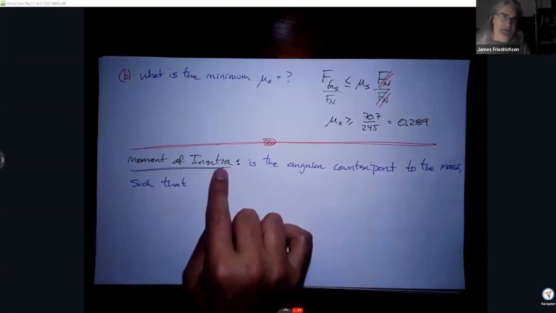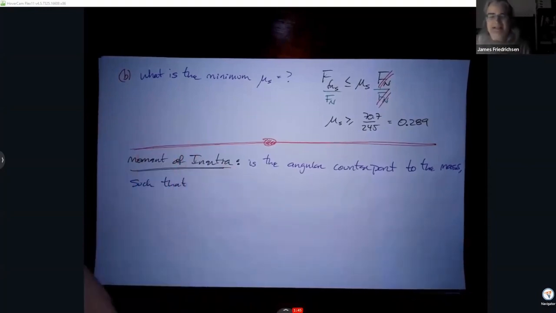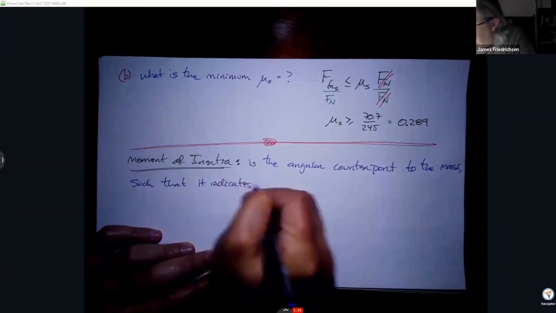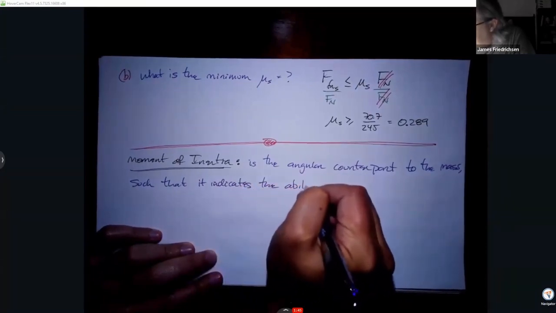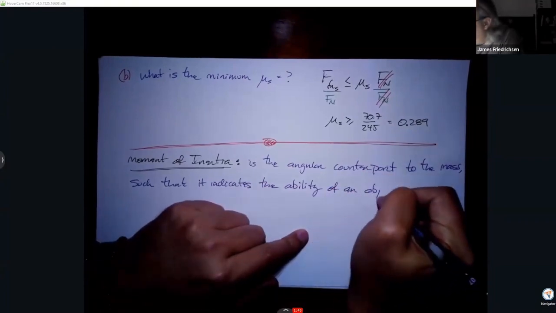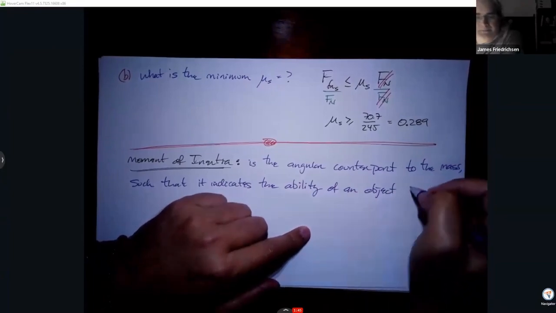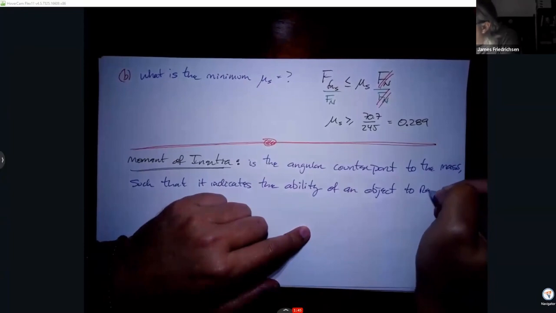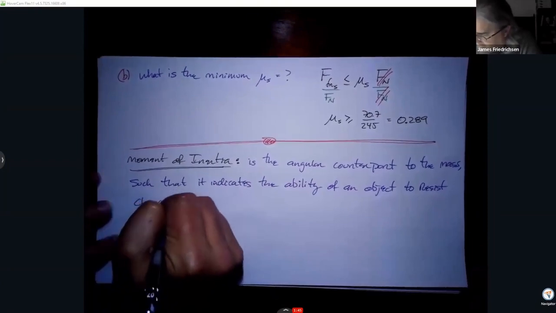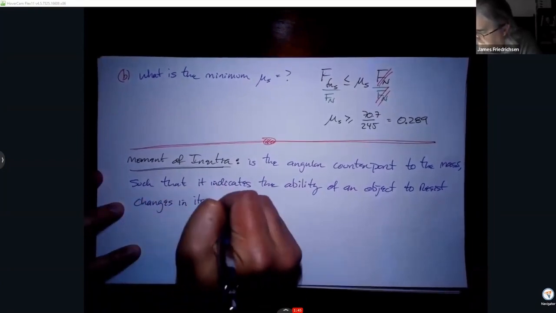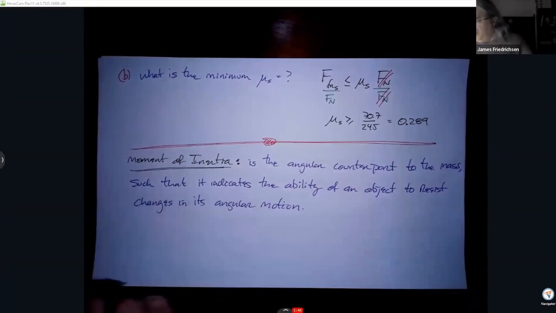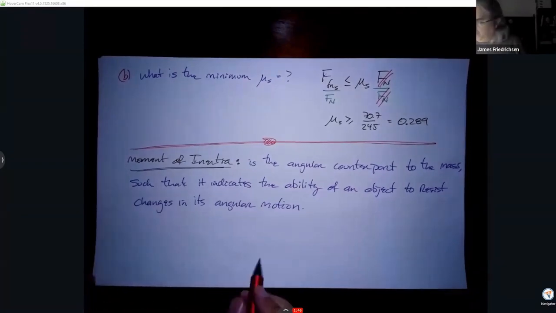And you can see because it has the inertia in the name, right? That was the inertia. Such that, it indicates the ability of an object to resist changes in its angular motion.